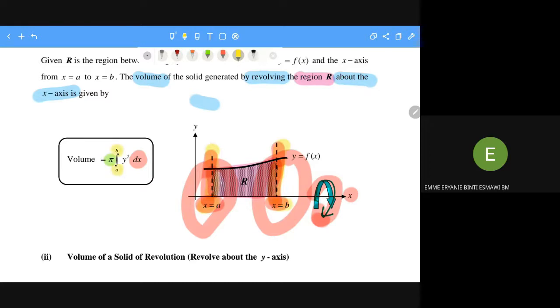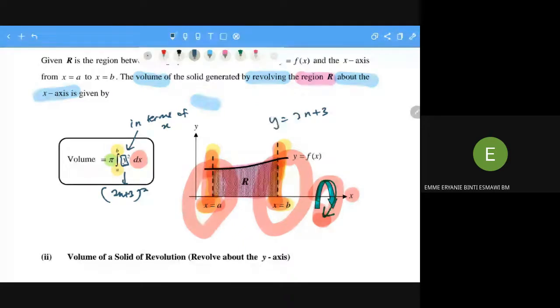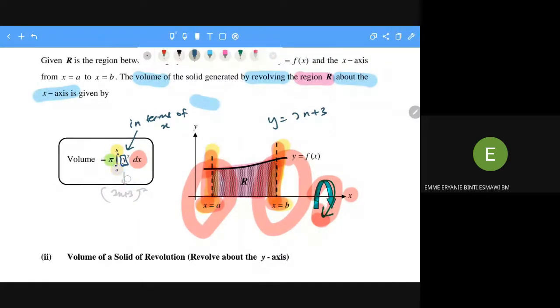Lepas tu, the equation dalam ni, like before juga, must be in terms of x. Nampak macam y kan, apa ada y tu sini. Y tu maksudnya contoh macam y equal to 2x plus 3. So kita gantikanlah y equal to 2x plus 3. So sebenarnya it is in terms of x. Tapi what you have to remember here is that it must be square.